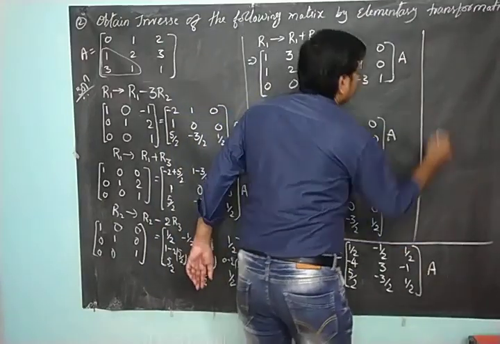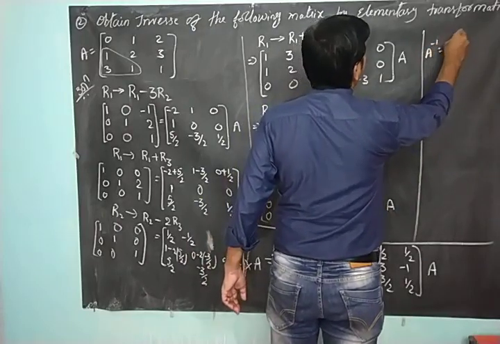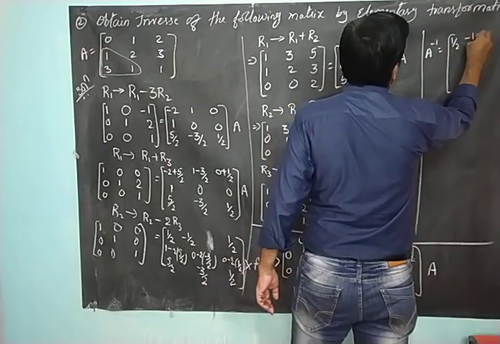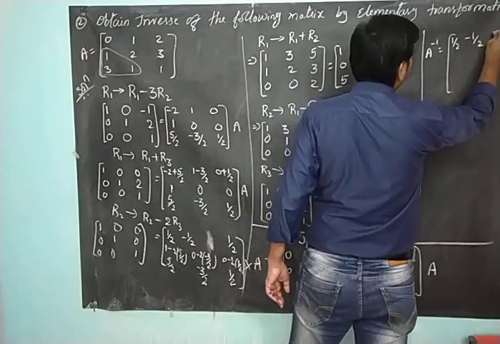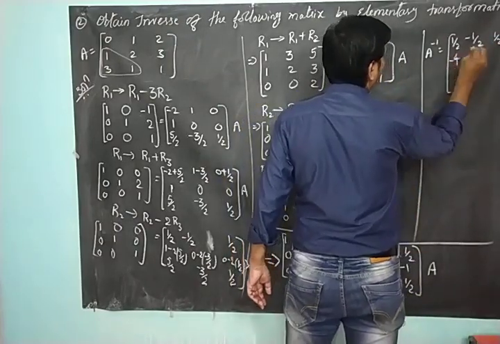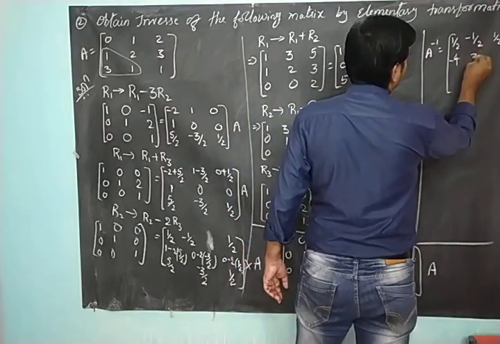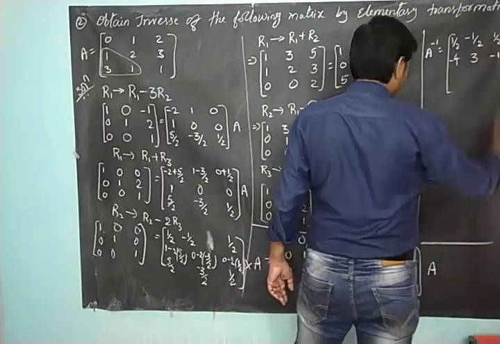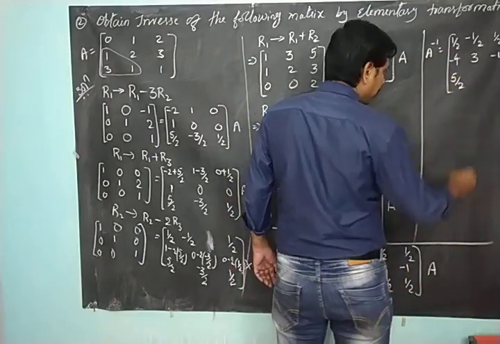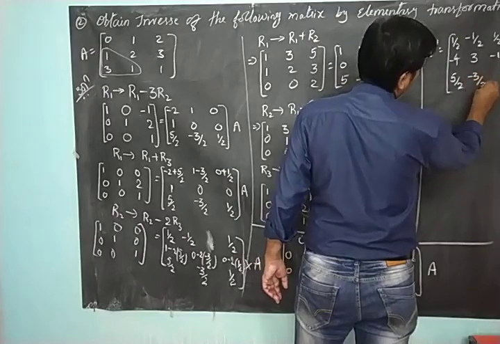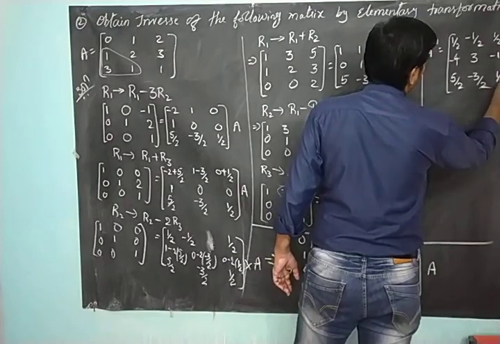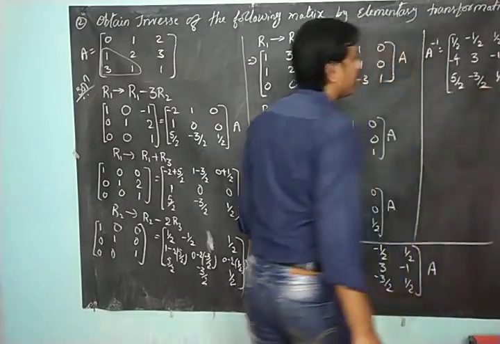So A inverse will be 1 by 2, minus 1 by 2, 1 by 2, minus 4, 3, minus 1, 5 by 2, minus 3 by 2, 1 by 2.